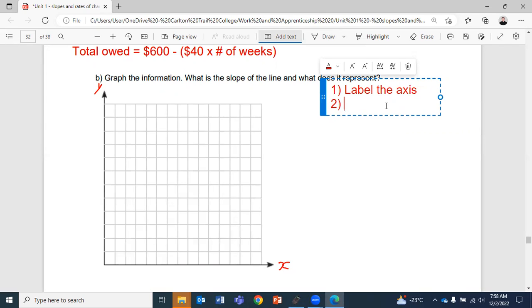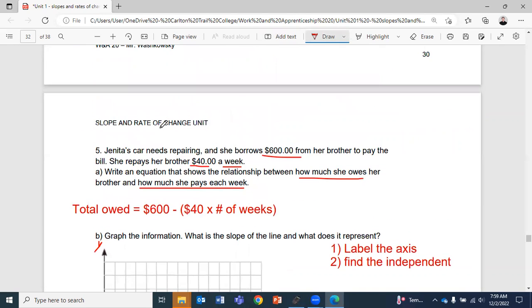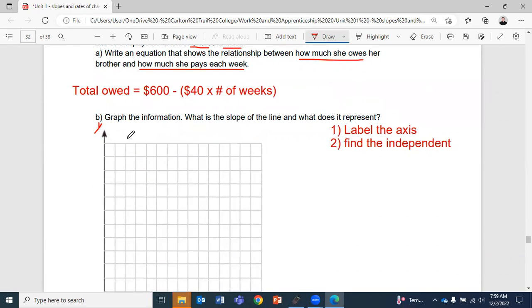That's step one. Step two, I now need to find the independent value, because the independent value is always going to go on the x-axis, right? So what is my independent value of this thing? That's the thing that's going to go on the x-axis.